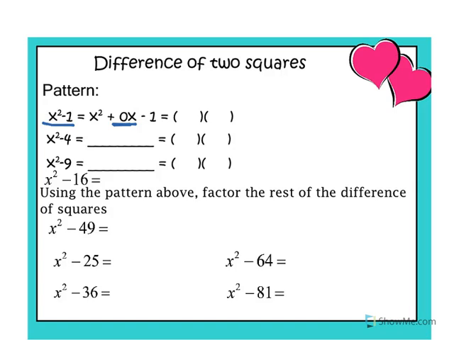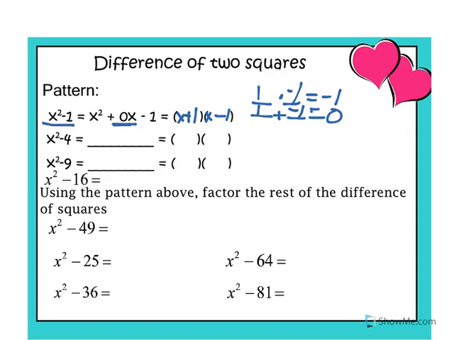Well, what two numbers multiply to negative 1, and those same two numbers must add to 0? Well, the only way to get there is 1 times negative 1, because 1 plus negative 1 is 0. So x plus 1 and x minus 1 are our factors.